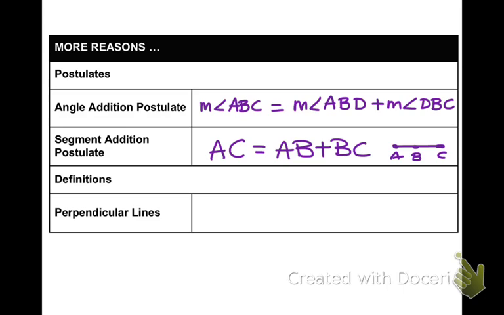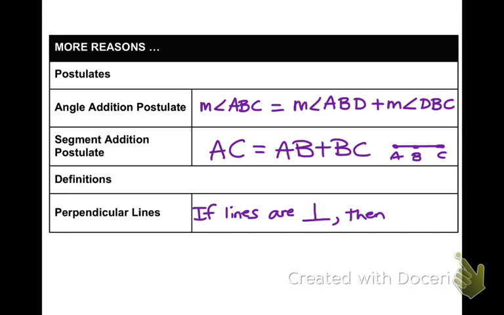Okay. All right, let's talk definitions. Perpendicular lines, we just introduced that in the beginning of chapter 2. What do perpendicular lines do? Is everybody okay with me using the symbol for perpendicular? Let me try to use symbols to write less. So if lines are perpendicular, then what? What do perpendicular lines do?